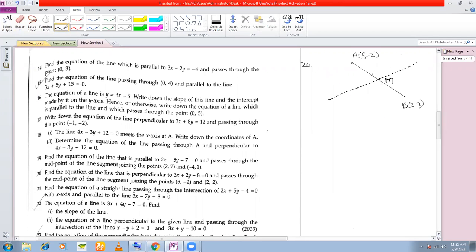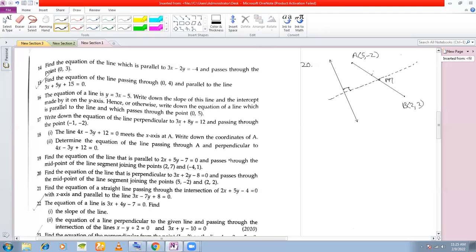So this is the dotted line whose equation you need to find, such that this straight line is perpendicular to this. So therefore, you can draw a perpendicular line. This is an exact diagram.